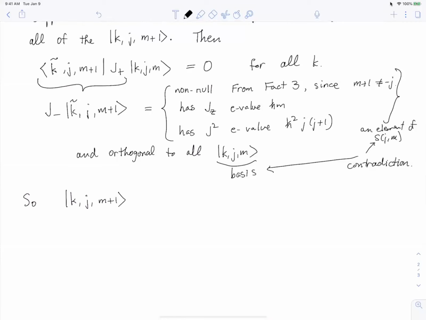that we constructed, which again are defined like this, we take j plus and we act on k, j, m. And then we have a normalizing factor. We had to divide by this to make them be orthonormal. Okay, this is a basis for the other subspace, the next subspace.